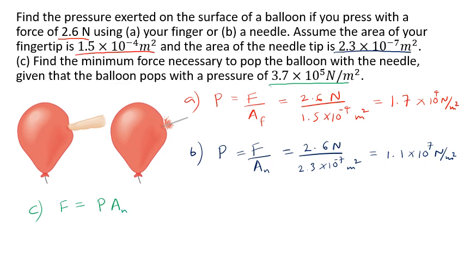We have to find the minimum force needed to pop the balloon, so we are given a pressure number and we can substitute these numbers. 3.7 times 10 to the power 5 newtons per square meter is the pressure needed, multiplied by the area of the needle tip, that is 2.3 times 10 to the power negative 7 square meters.